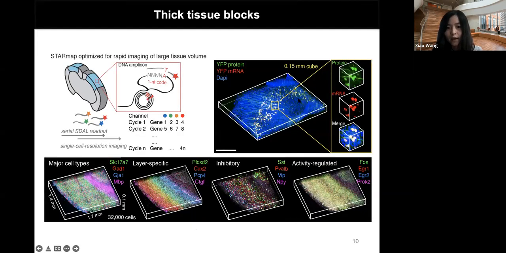As I show here, this is an example of a thick tissue slice with 100 micron thickness, corresponding roughly to 10 layers of cells in the mouse brain tissue. This mapping can also be combined with other fluorescent protein labeling to enable simultaneous mapping of cell types plus their cell morphology, like the projection patterns of neurons.